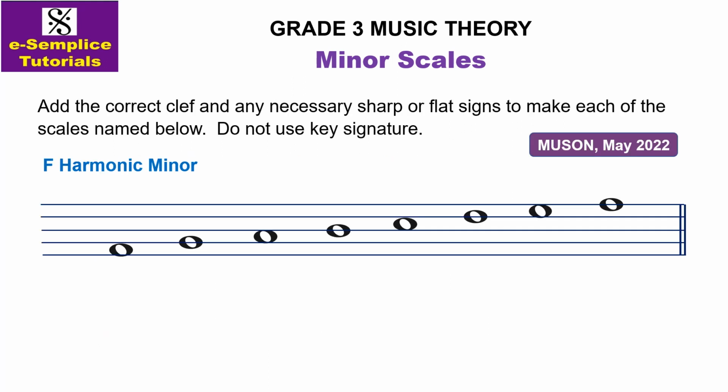This is from Muson exam May 2022, and it says add the correct clef and any necessary sharp or flat signs to make each of the scales named below. Do not use key signature, and the scale is supposed to be F harmonic minor scale.